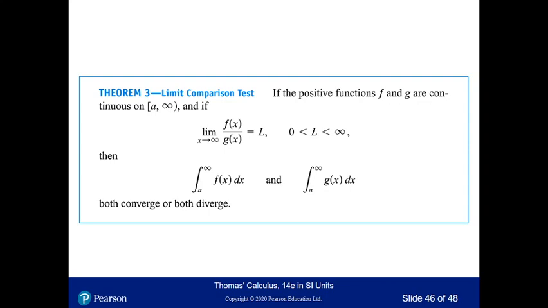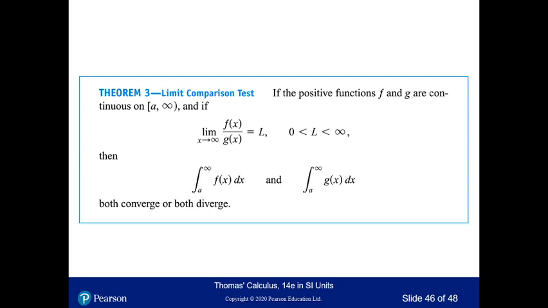And there's another test to compare the integrals. Let's say we have two functions, they are positive functions, they are continuous on the interval a to infinity, and we look at the limit of the ratios as x approaches infinity. We want to know how fast they get enlarged compared to each other.